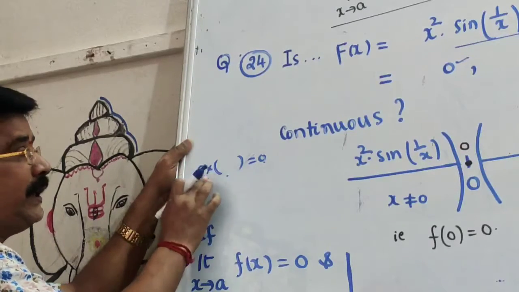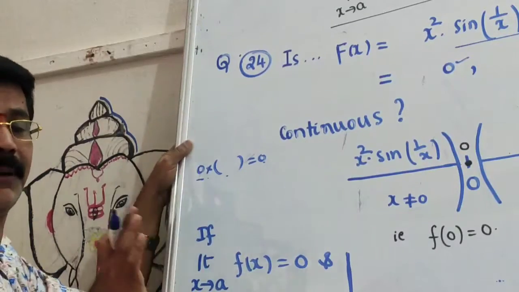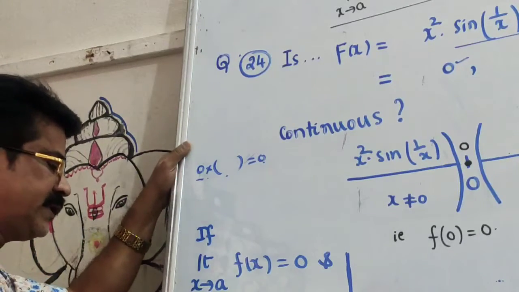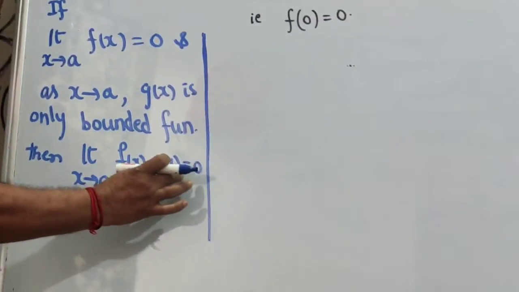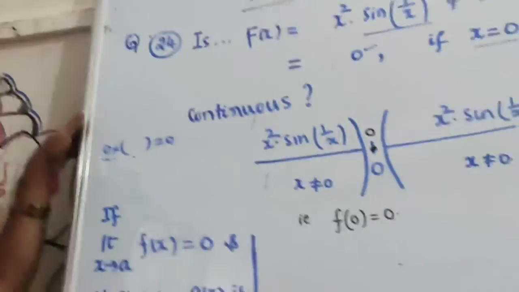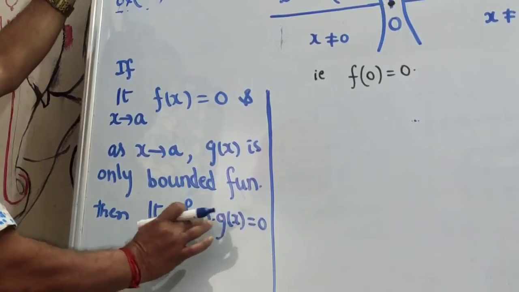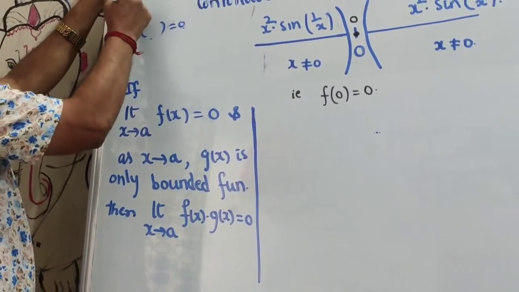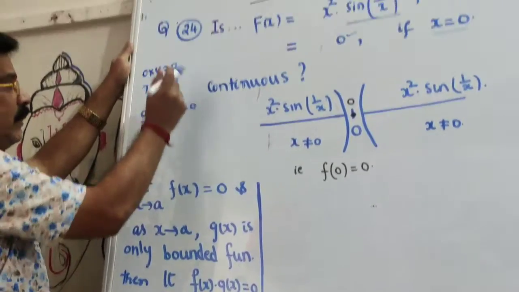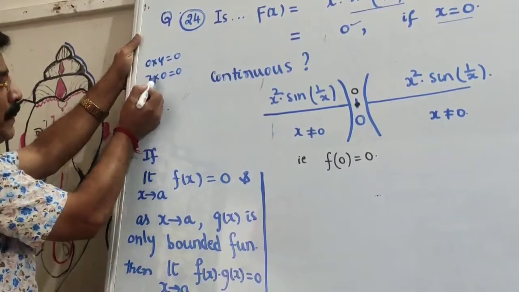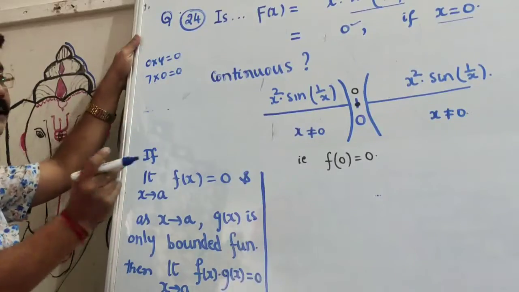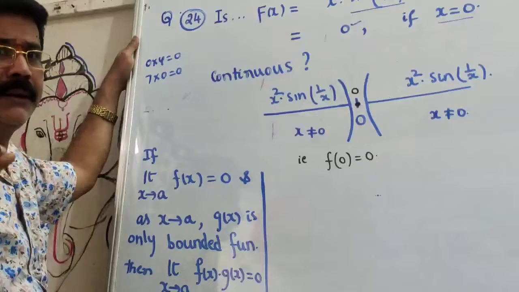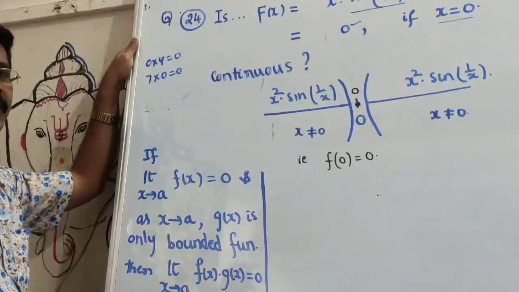It is enough that only one number equals 0. Understand? For example, 0 into 4 is equal to 0. 7 into 0 is also equal to 0. So if the product of two numbers is 0, it is enough for only one number to be 0. It need not be that both numbers are 0.